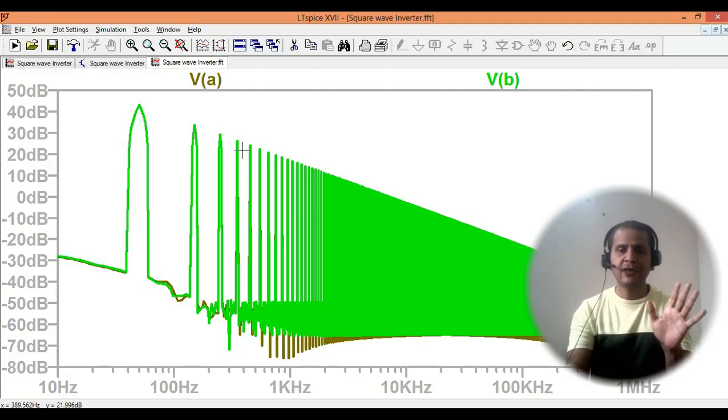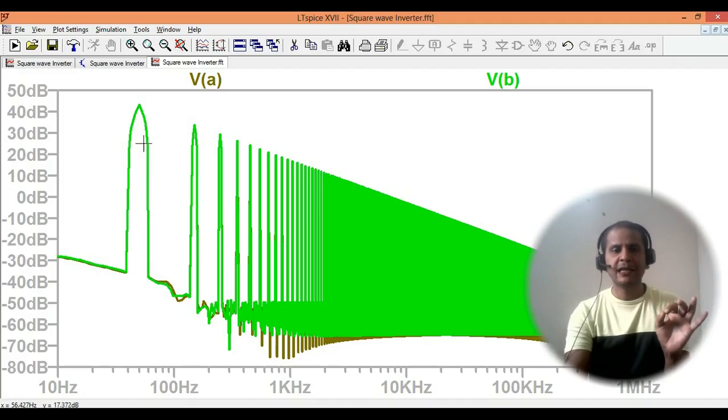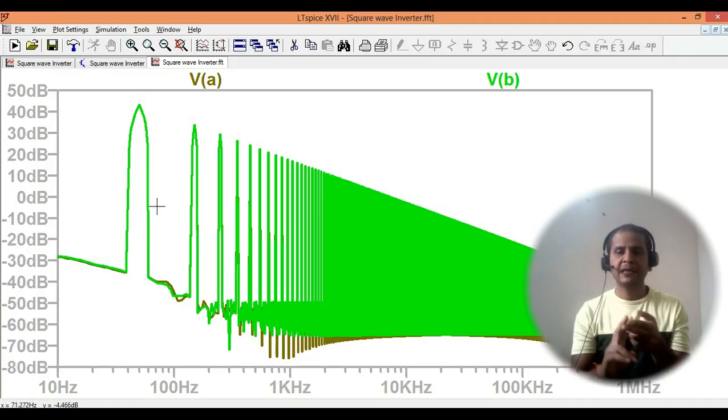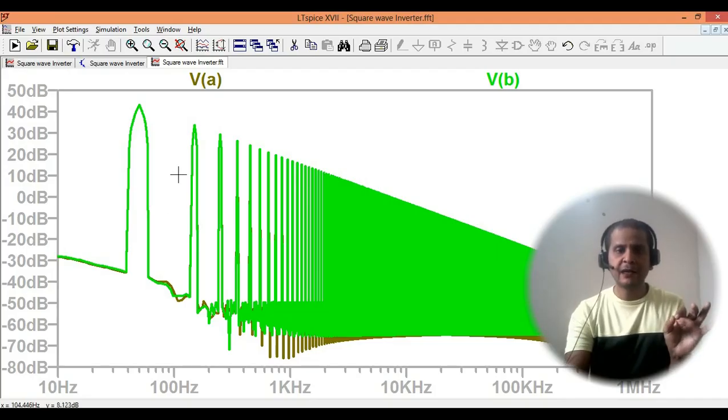Okay, so in case of the even harmonics, you can see here everywhere we don't have anything. That is why you will see the first harmonic component, then you will see this free space here. That means in this place there should be an even harmonic, but we don't have it. And in the third place, then again you see, in the fourth place you don't see anything, and so on.